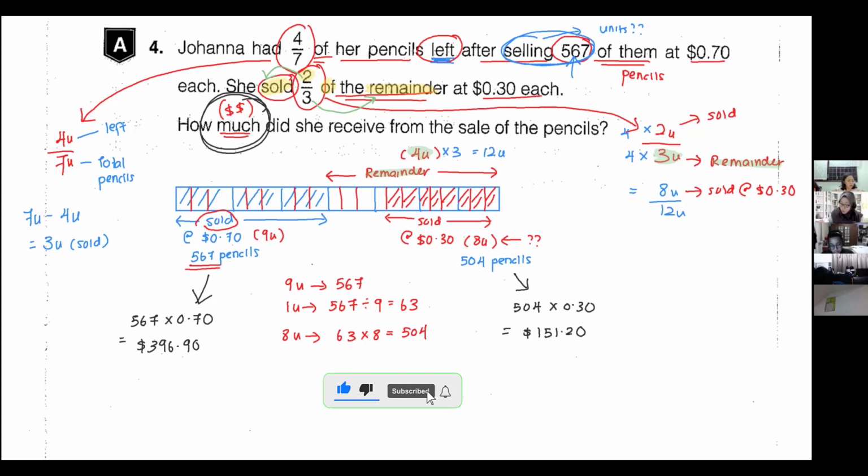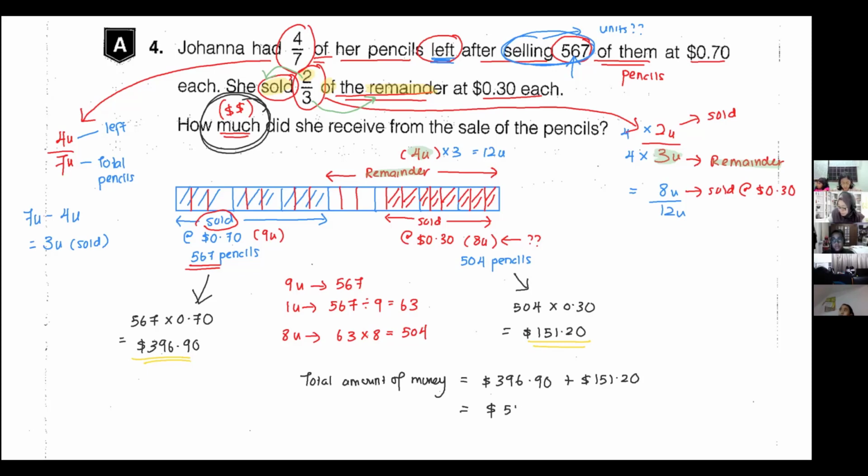Okay, to find the total, what do I do? To find the total, this amount and this amount I add together. So the total amount of money will be 396.90 plus 151.20 equals 548.10.